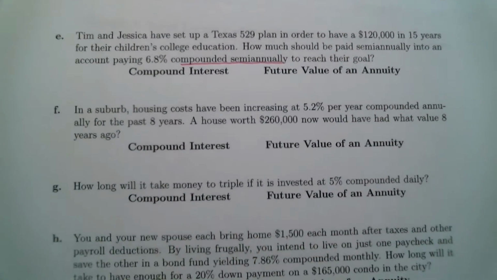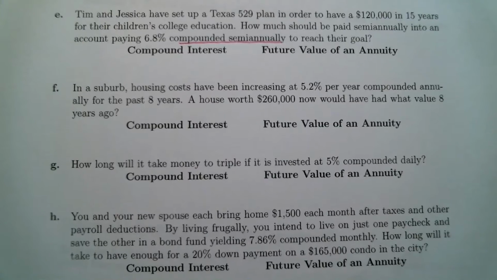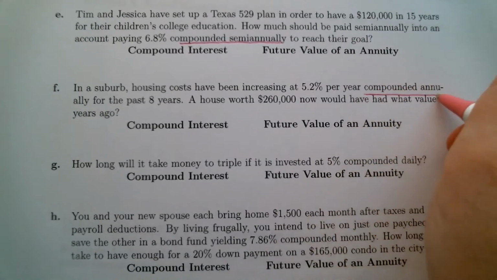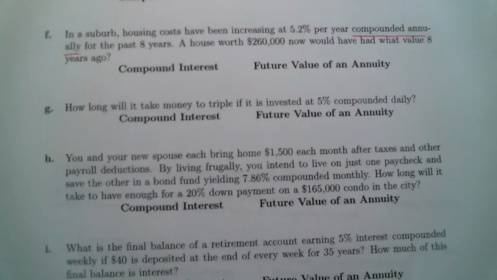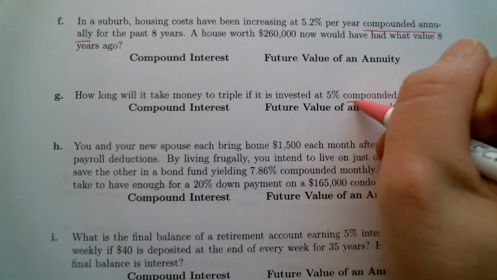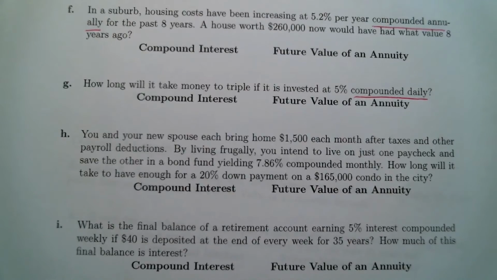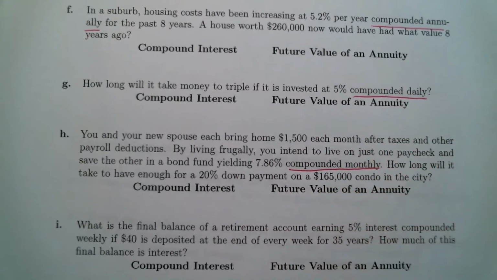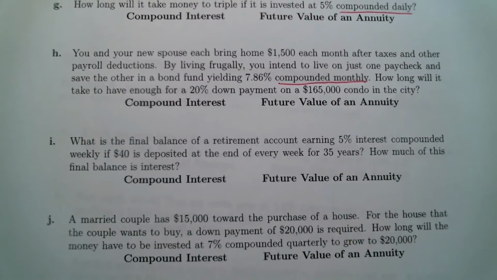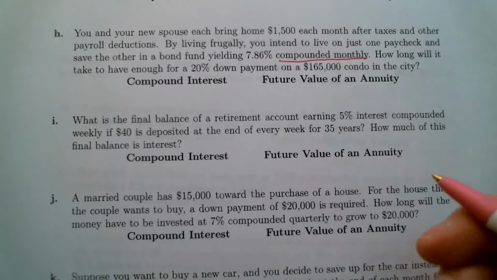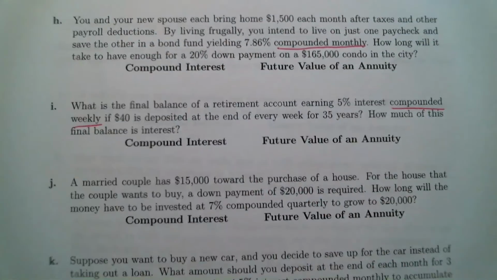Part E has compounded semi-annually. Part F has compounded annually. Part G, compounded daily. Part H, compounded monthly. You are seeing this phrase in every single problem.